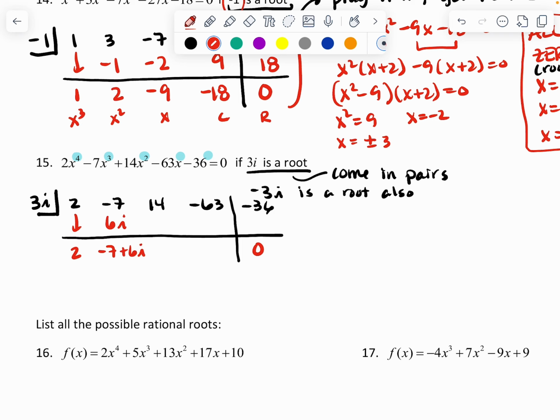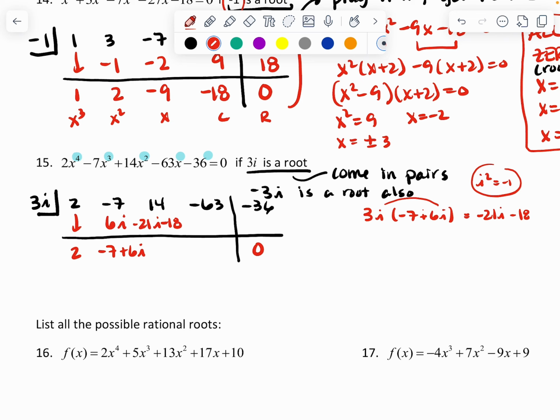And if I multiply that out, if I do 3i times -7 plus 6i, that's going to give me -21i. And then 3i times 6i is 18i squared, which is really -18. You guys remember i squared equals -1, right?